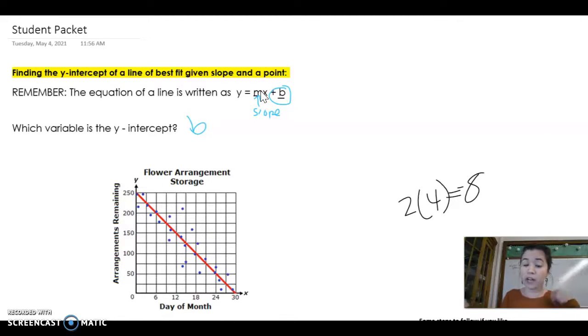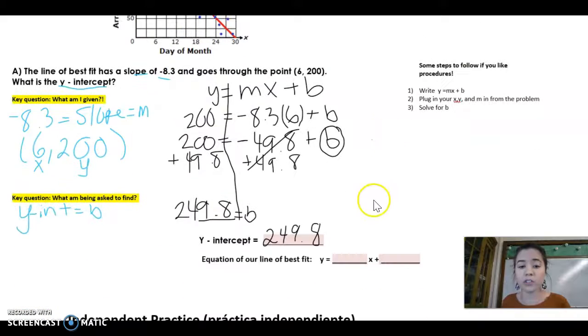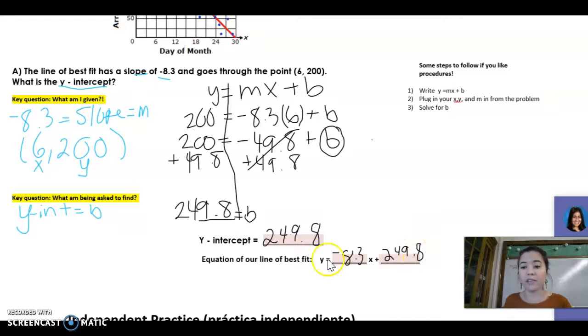So I need to see both x and y in an equation, so we're plugging in only m and b. So m, my slope, was negative 8.3. And then that y-intercept we just found is 249.8. And there is the equation to our line of best fit. It is complete. That is all.